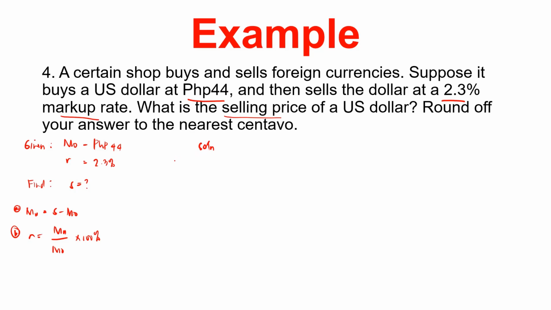Okay? We all know that rate is equal to markup over cost price. Okay? At alam natin na kapag kinukuha natin yung rate, minumultiply natin sa 100%. So, 100. Then, once we multiply to 100, then put percent sign.